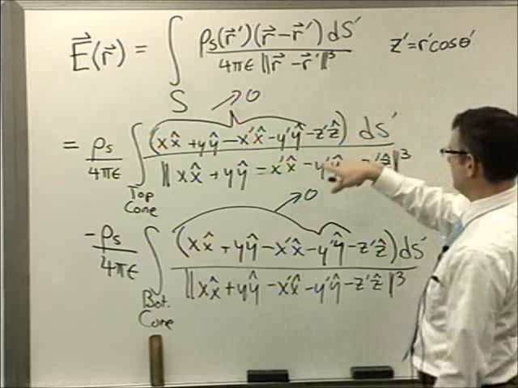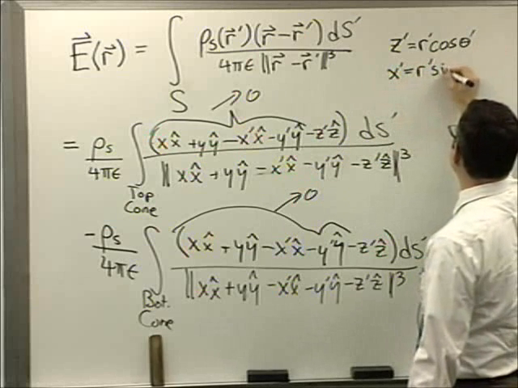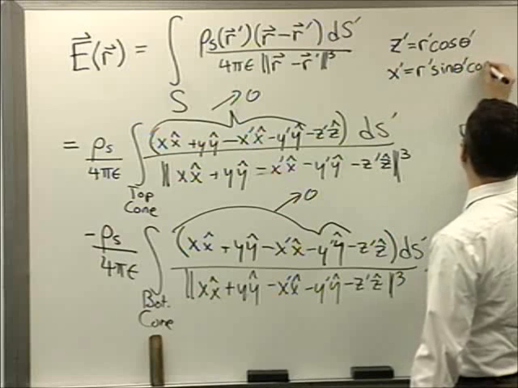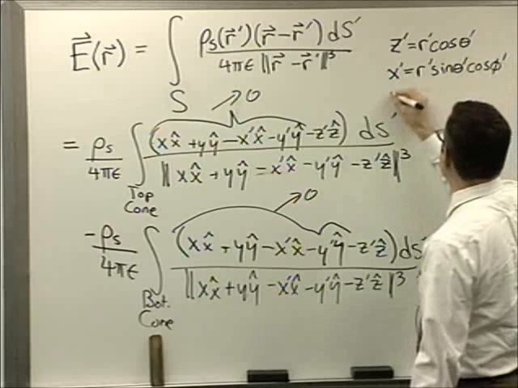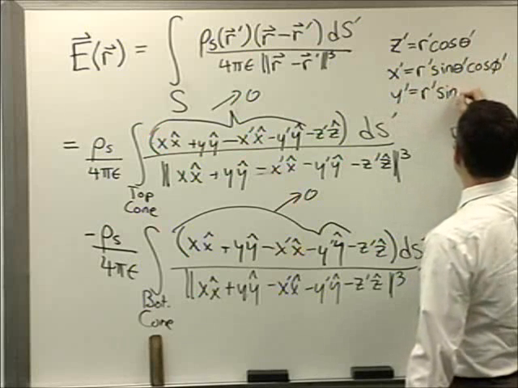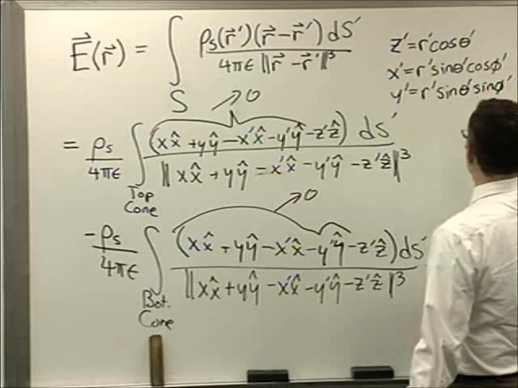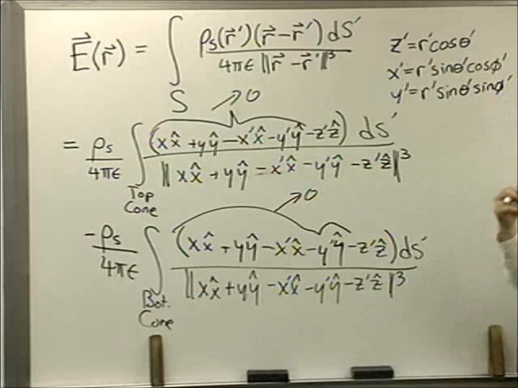And let's see, what else do we need? We need an X prime and a Y prime. So we can integrate these variables of integration with respect to the spherical coordinate system, because that's what conveniently lines up with what we're doing.